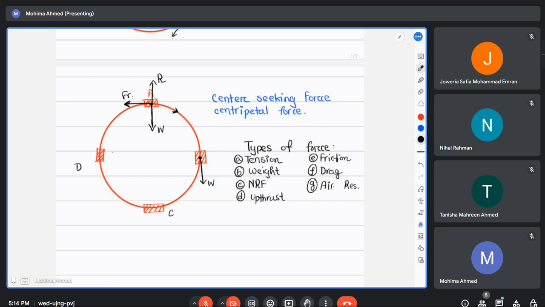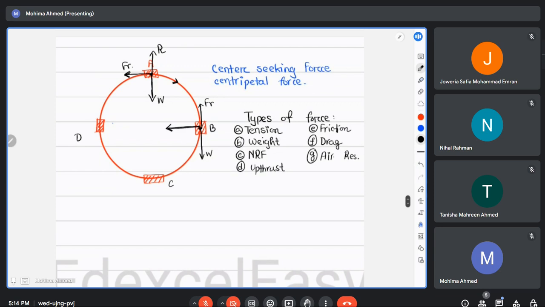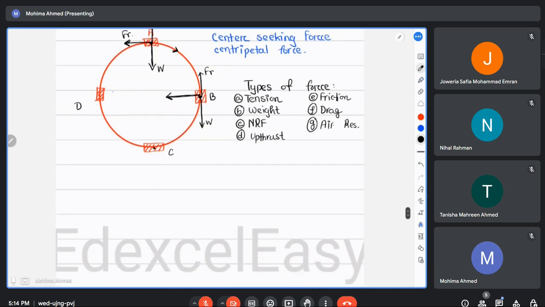Doesn't matter on whichever plane you are, weight will always act vertically downward. But normal reaction force is now going to act perpendicular to the surface. This time, over here, we're going to have normal reaction force, and again in the backward direction we're going to have your friction.